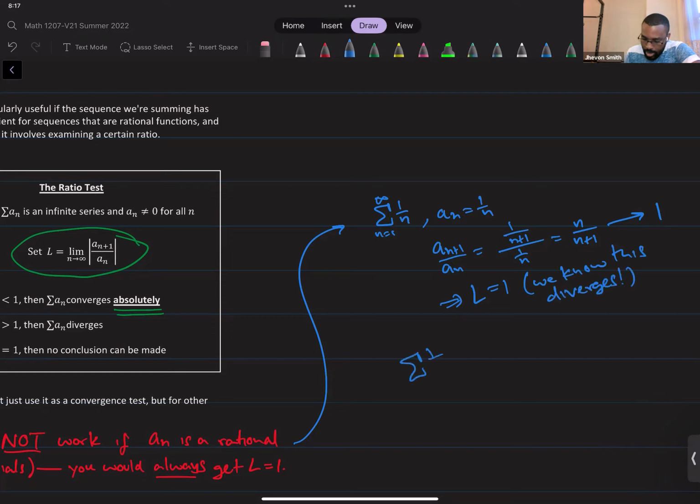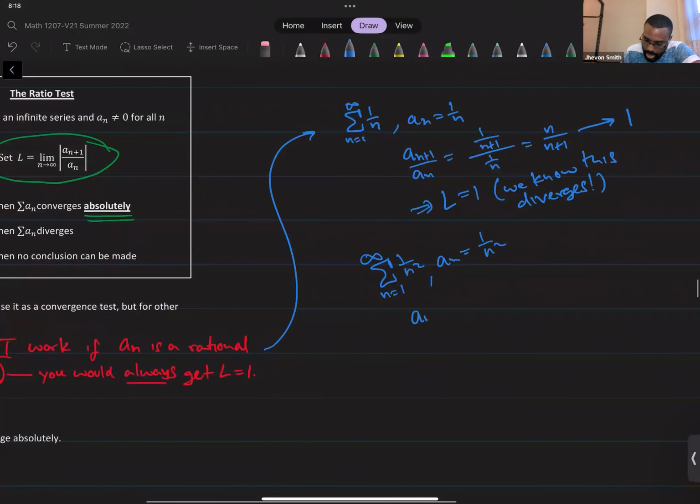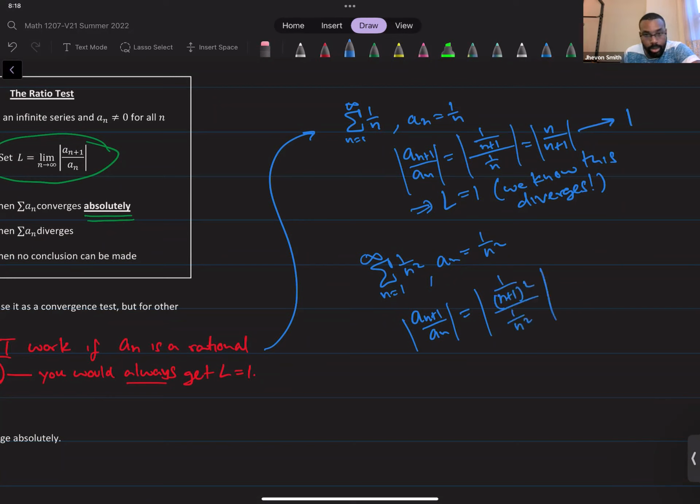Now, what would happen if I use this on 1 over n squared? Here, if my a_n is 1 over n squared, then a_(n+1) over a_n, and yes, technically I'm taking absolute values around this, but it doesn't really matter, is going to equal 1 over (n plus 1) squared divided by 1 over n squared.